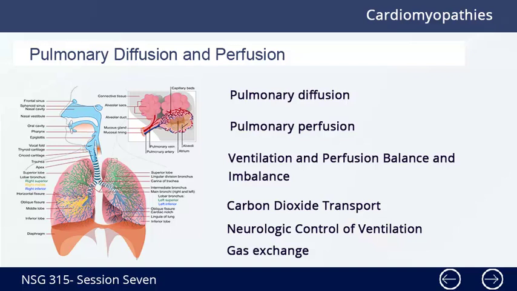Ventilation and perfusion imbalance. Adequate gas exchange depends on an adequate ventilation perfusion, that is V/Q ratio. In different areas of the lung, the V/Q ratio varies.